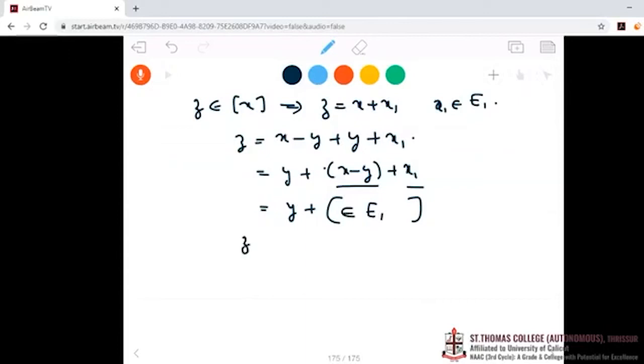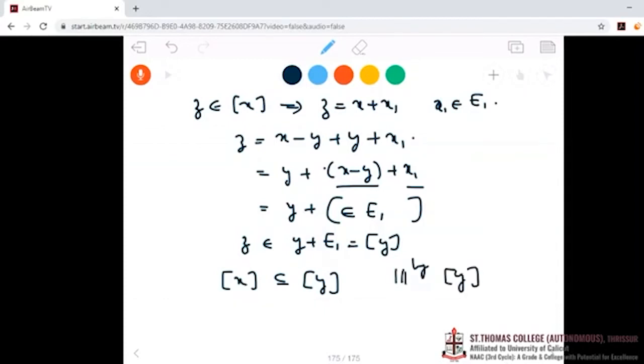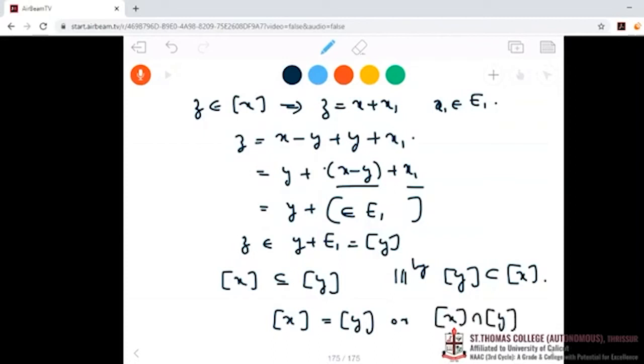So this z is in y plus E1, which is class of y. So class of x is a subset of class of y. If you interchange the roles of x and y in this proof, we can prove that class y is contained in class x also. So two cosets class x and class y are either identical or they are disjoint. Class x intersection class y is equal to phi.